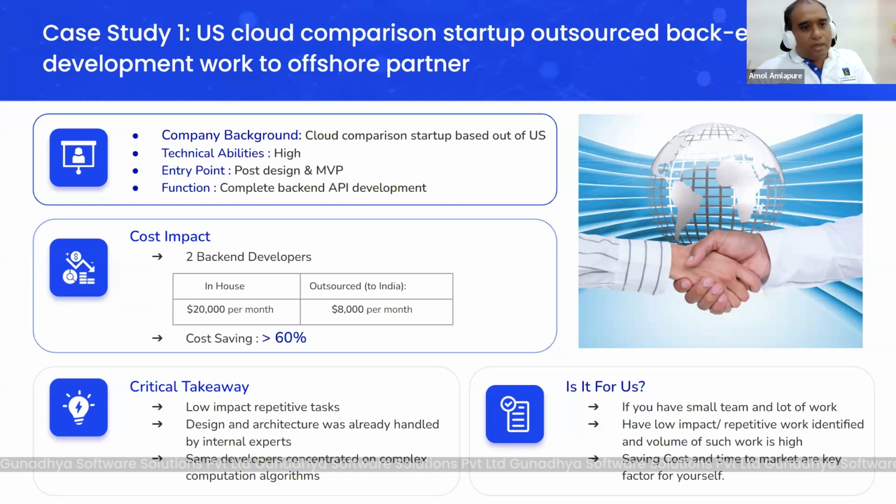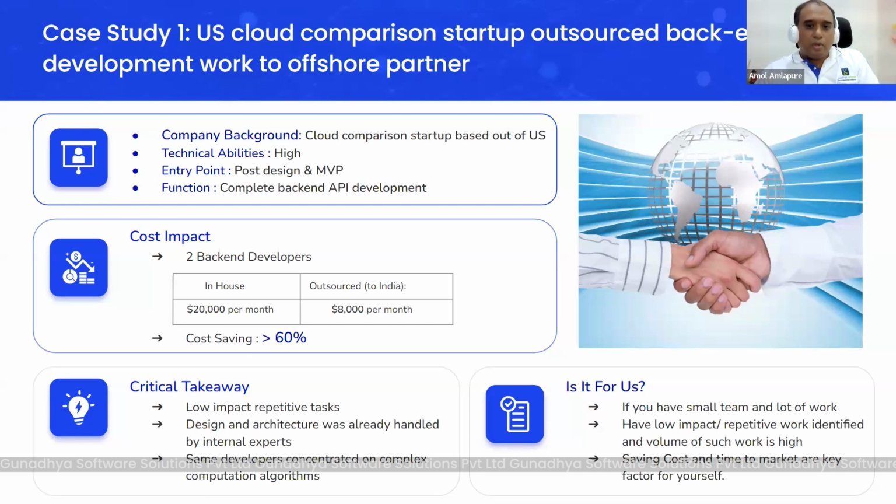That's where our small team of two developers got involved, and we worked for almost 8 to 9 months. If I look at the cost impact of the outsourcing here, they anyway needed two backend developers. That much work was there.